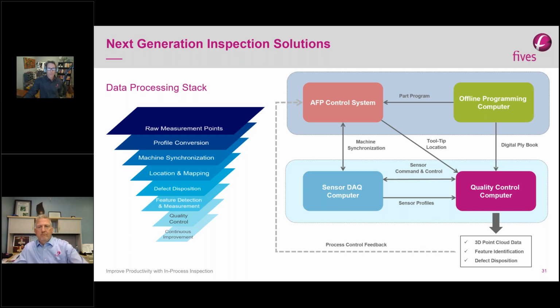There are 4 computer actors in this story, and they facilitate the inspection plot that we're going to tell here. First, the existing AFP technology on the top, and then on the bottom is the inspection technology that pairs with it. Starting on the right, the offline programming computer: every composite manufacturing environment has a computer whose job is to convert a CAD model into plies, courses, and tows used to make a machine program.